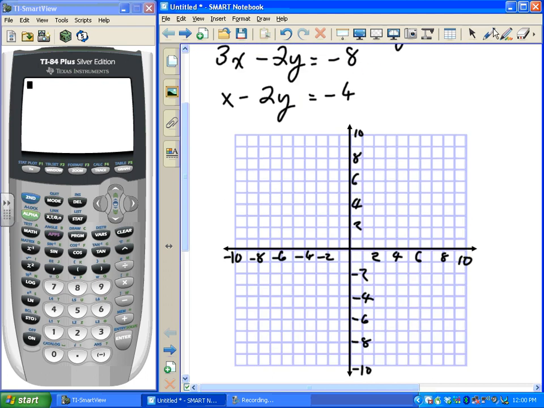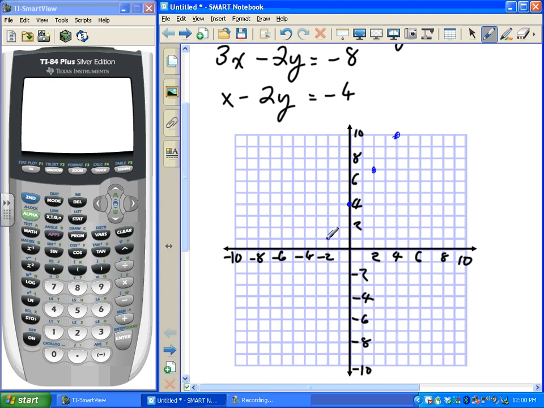So I'm going to go up to positive 4. I know my rise is 3, 1, 2, 3, and my run is positive 2, 1, 2. I can go up 1, 2, 3 again, 1, 2. Or I can do the complete opposite. Instead of rising positive 3, I go down 3, 1, 2, 3, and run negative 2, 1, 2.